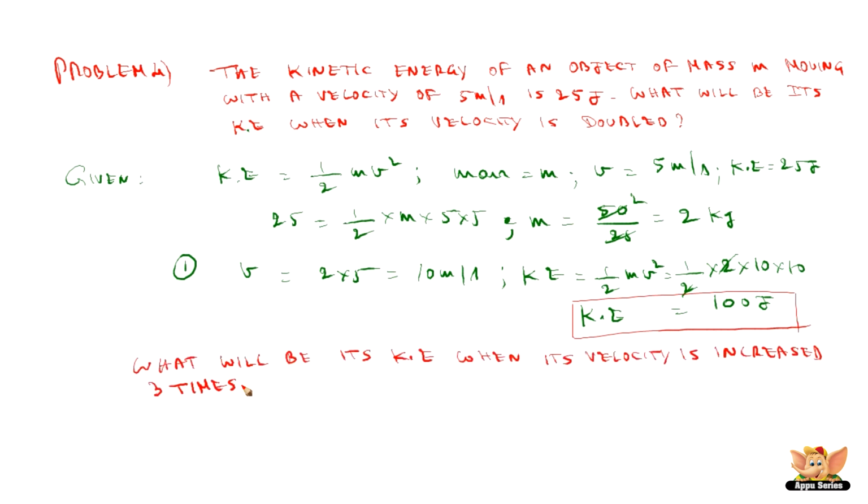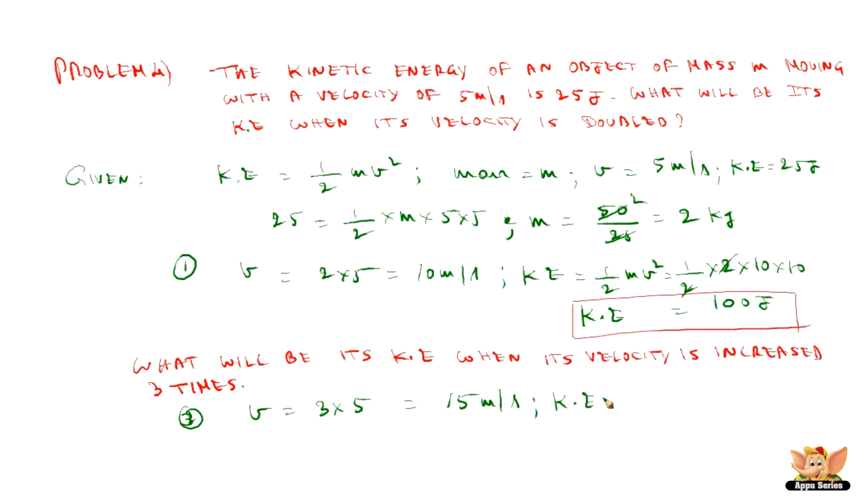In the second case, what will be its kinetic energy when its velocity is increased 3 times? The velocity is increased 3 times, so v becomes 3 into 5, where 5 is the initial velocity, so 15 meters per second.